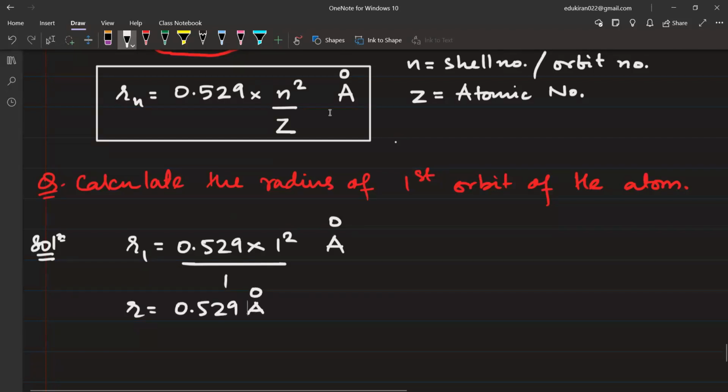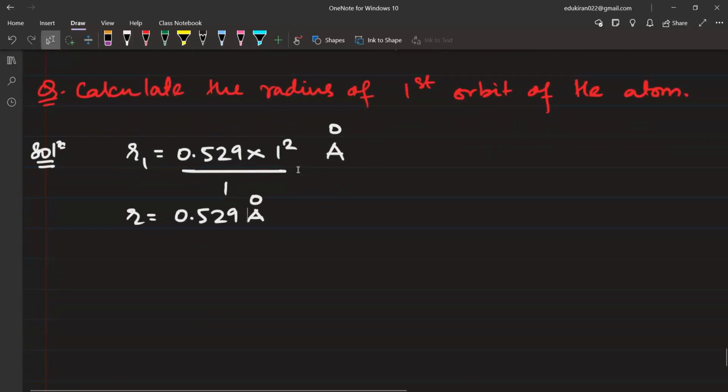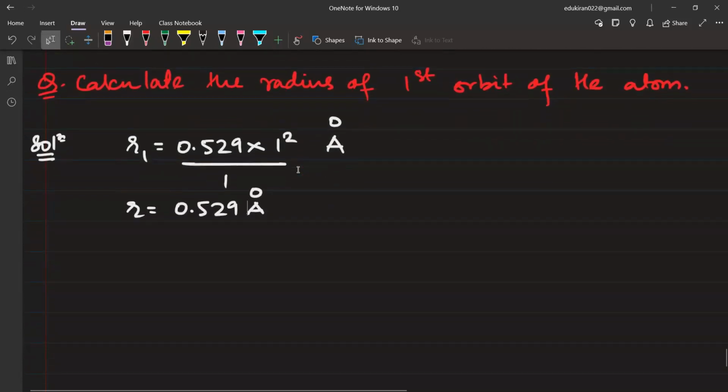Okay, that means they can also give you the radius of the first orbit of hydrogen atom, and then they will ask you to calculate. Okay, so write a note here, because ये angstrom की value change हो सकती है ना, angstrom के अलावा they can give anything else also.